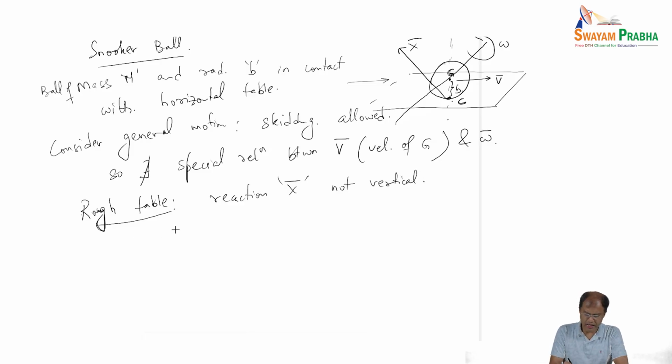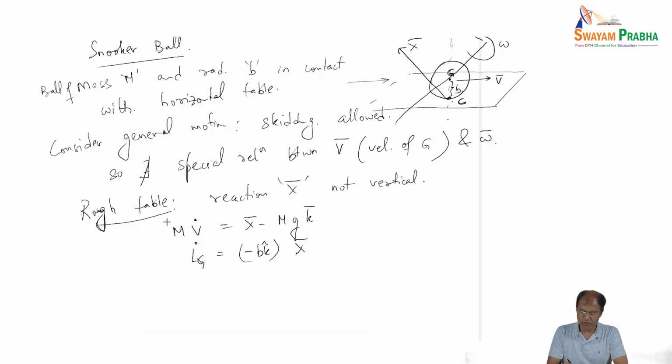So we expect that the forces of motion are m times v dot is x minus mg k, and the second one is I_G omega dot is minus b times k cross x, right?